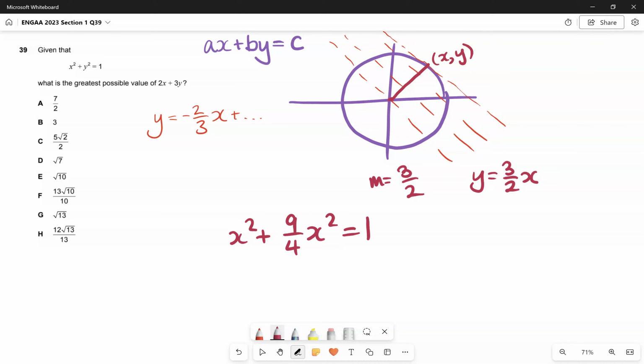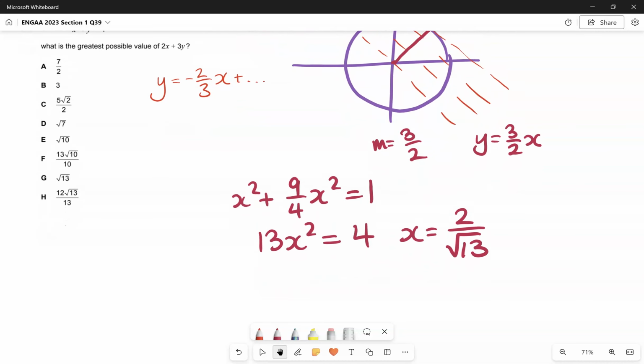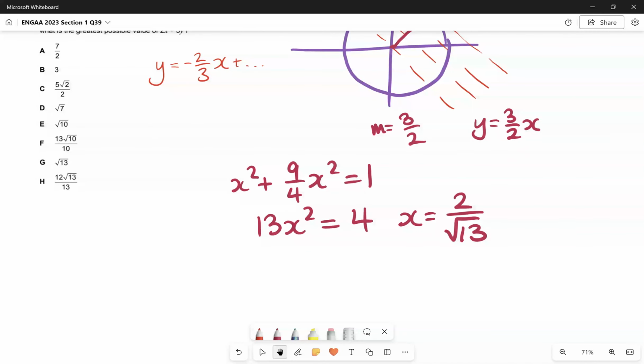We can multiply everything by 4, so we get 4x squared plus 9x squared, so that's 13x squared. And then this is equal to 4. And we get x equals square root of 4 over 13, so that's 2 over square root of 13. If we put that into our expression, knowing that y is 3 over 2 x, we have y equals 3 over root 13.